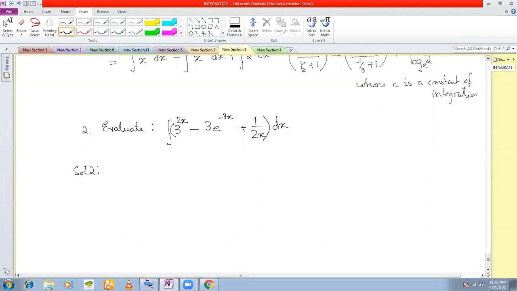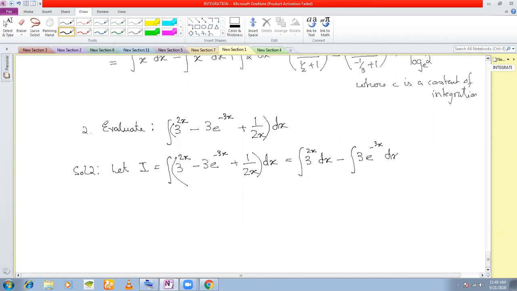Again, let I is equal to the integration of 3 to the power of 2x minus 3e to the power of minus 3x plus 1 by 2x, whole thing dx. So this is integral 3 to the power of 2x dx minus integral 3e to the power of minus 3x dx plus integral dx by 2x.